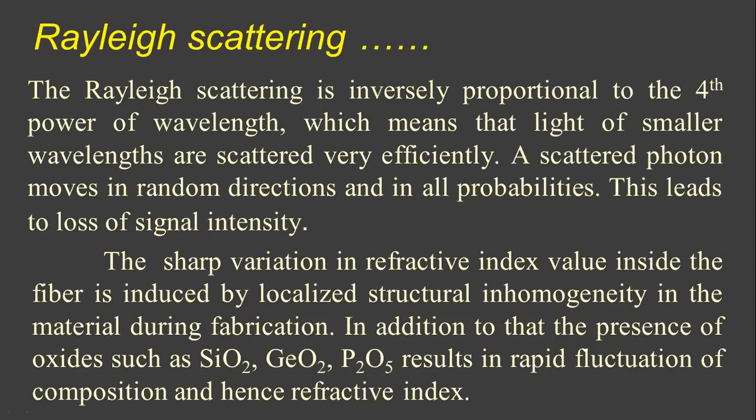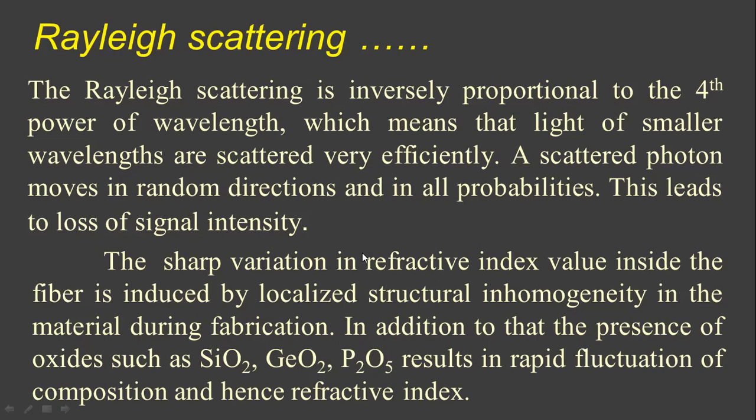Rayleigh scattering is inversely proportional to the fourth power of the wavelength, which means that light of smaller wavelengths is scattered very efficiently. A scattered photon moves in random directions. These scattered photons interact with the incoming signal photons, and that leads to the loss of signal intensity.